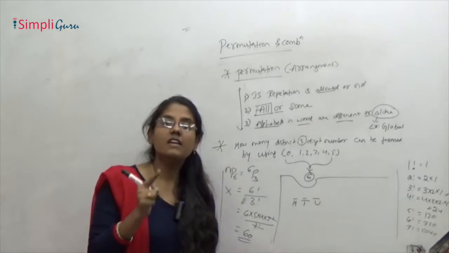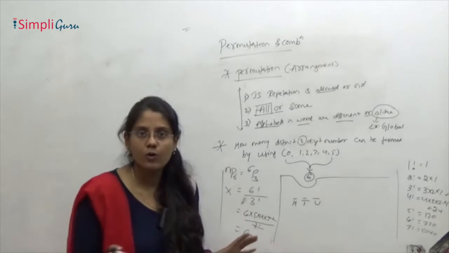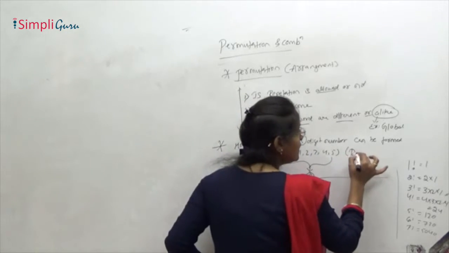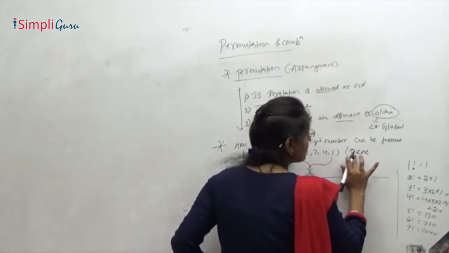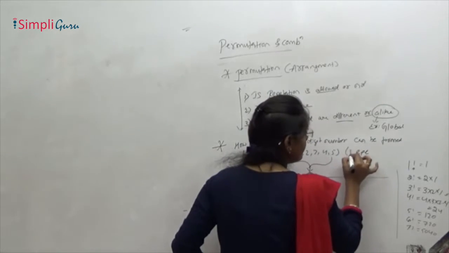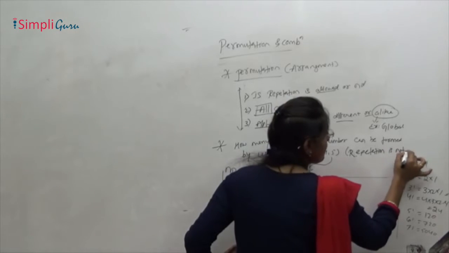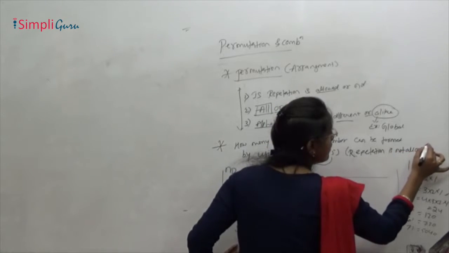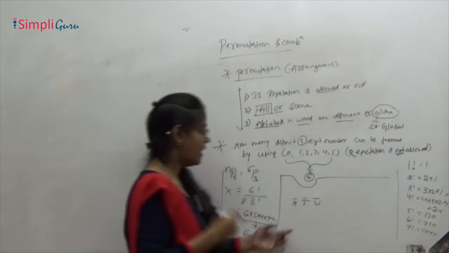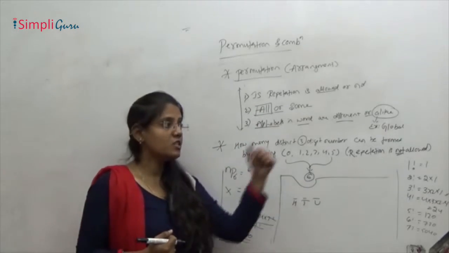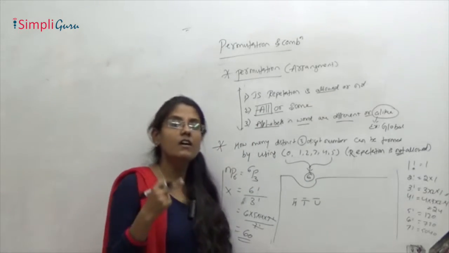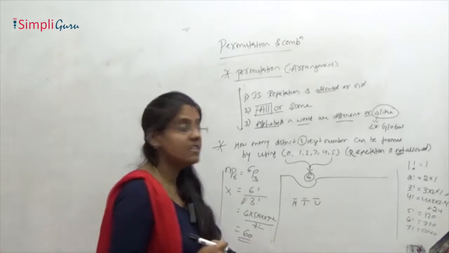So, we will consider that repetition is not allowed. I am discussing the case where repetition is not allowed. For the same question I will tell you how it works when repetition is allowed.